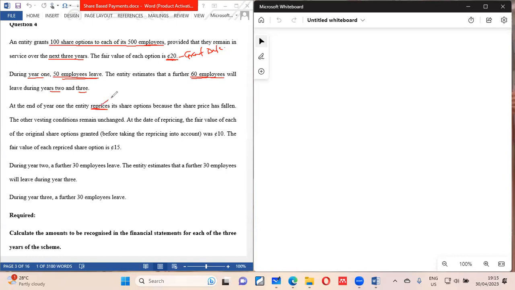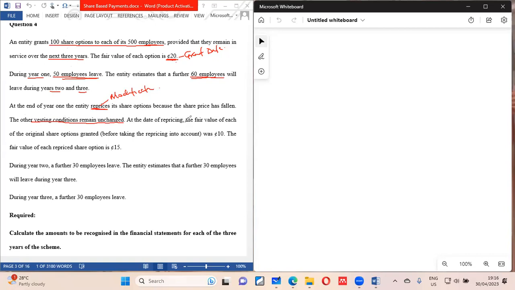So this one is the modification. 8 share options because the share price had fallen. So they repriced this one, this 20, at the end of year 1, the very end of year 1. And it says that the other vesting conditions remain the same. So the vesting condition of you staying for 3 years was the same.